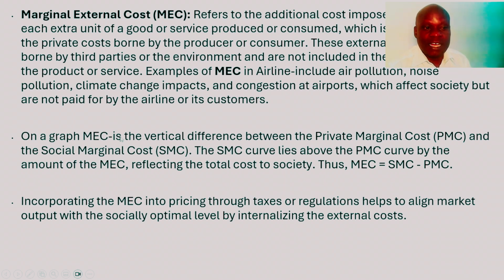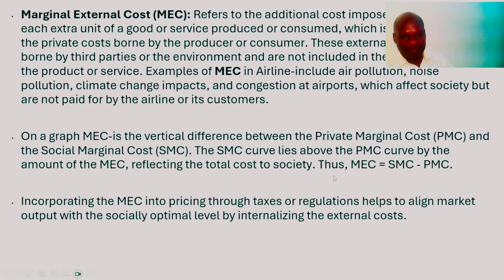On the graph, it is the vertical difference between the private marginal cost and the social marginal cost, as we have seen. So the SMC curve lies above the PMC curve by the amount of the MEC. That's why we said the SMC is equal to PMC plus MEC.